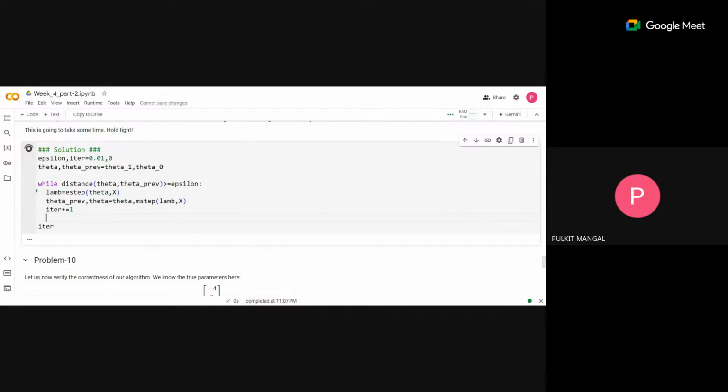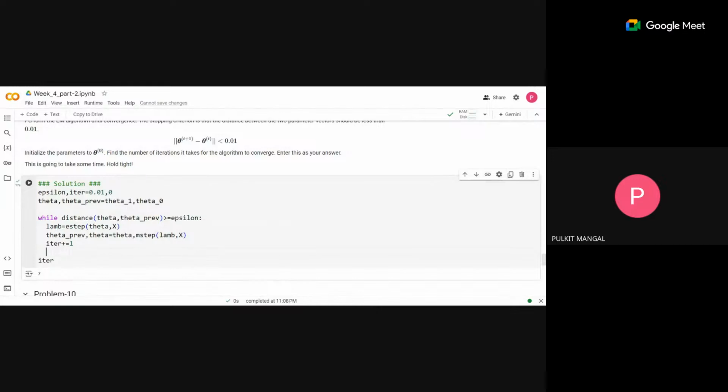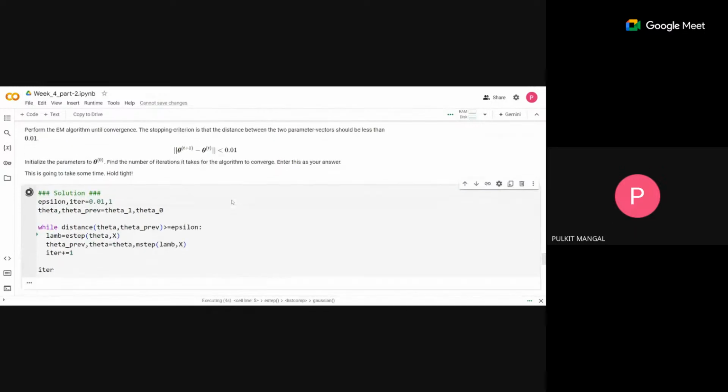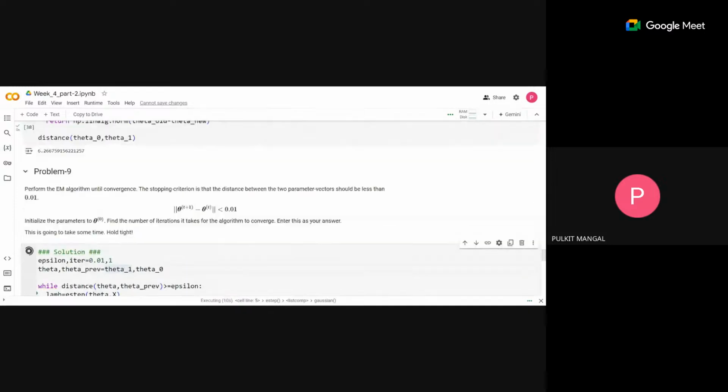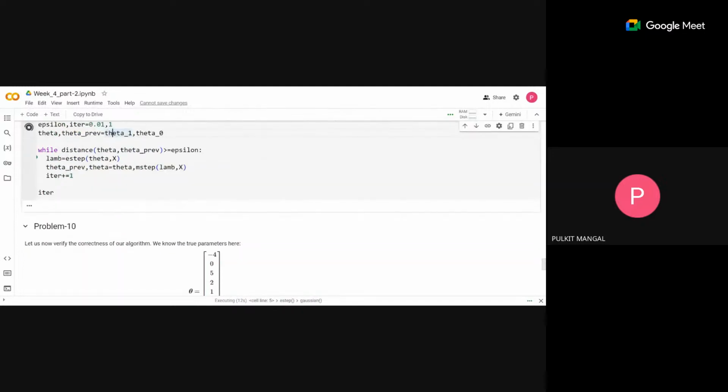Let's check if it works. Okay, I guess now it should work because now it is taking time. Oh, no, again. Okay, we have defined our theta 1. While the distance is greater than epsilon.